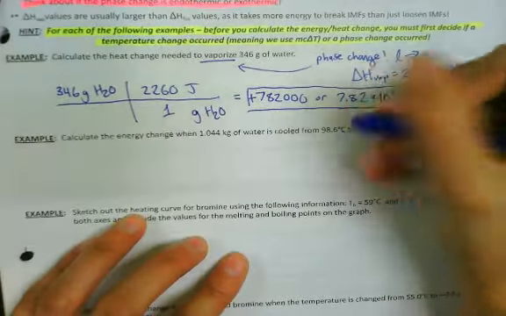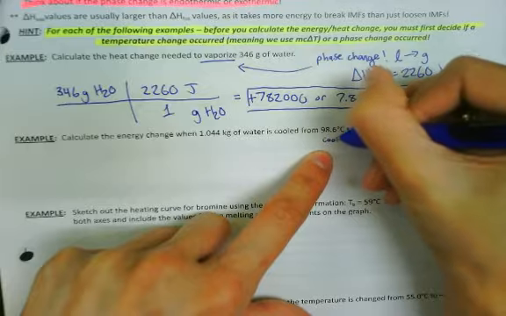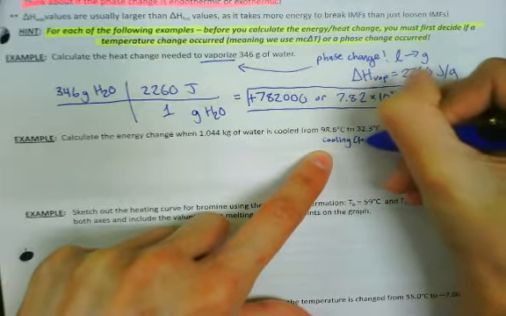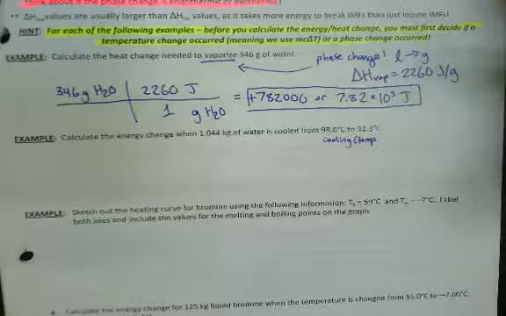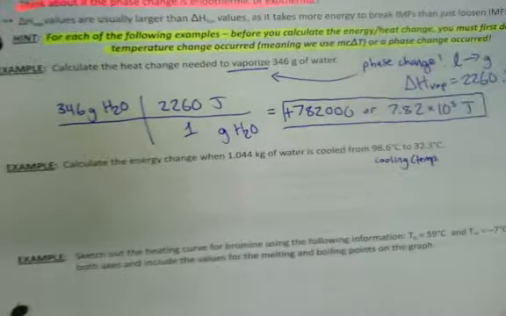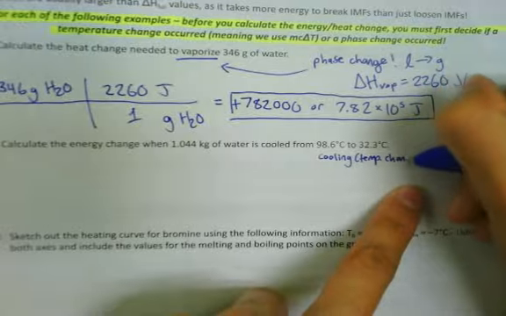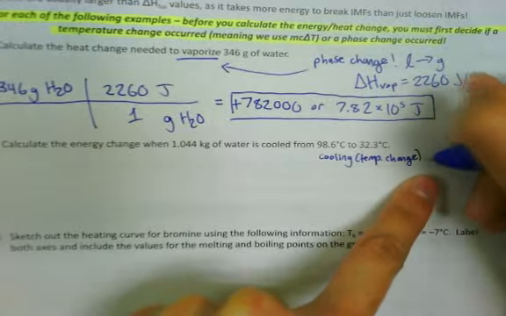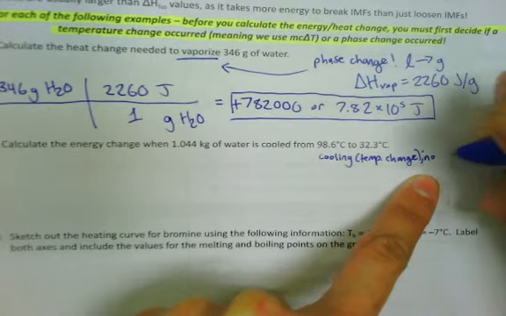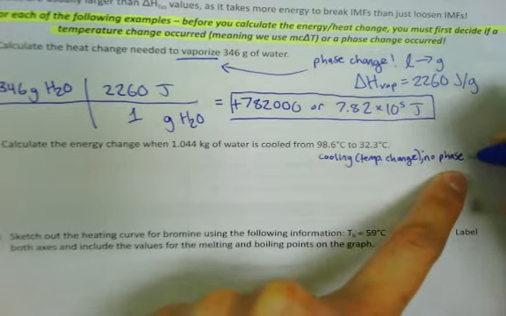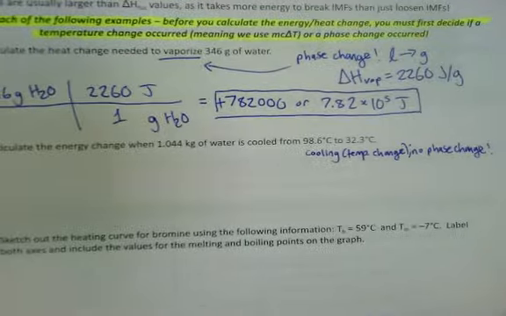So specifically we're cooling. This is a temp change. I'm going to zoom in a little bit more since it's kind of hard to see my small writing. This is a temp change. No phase change. Okay.